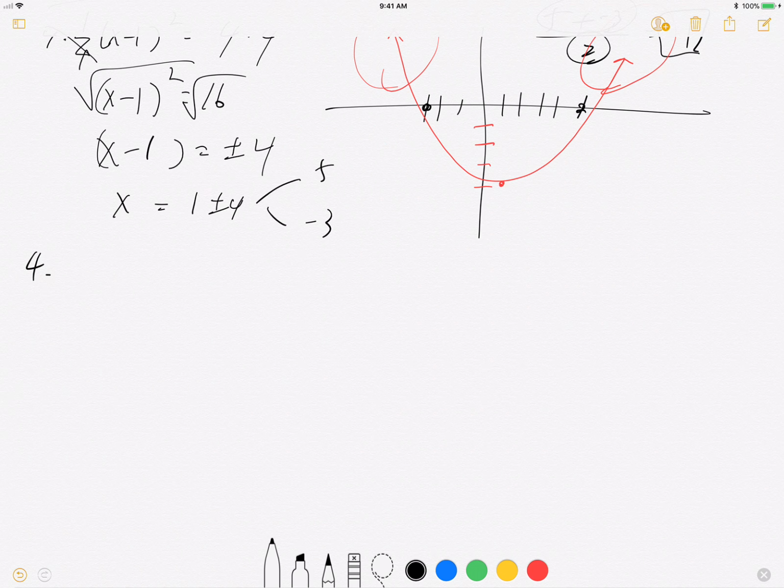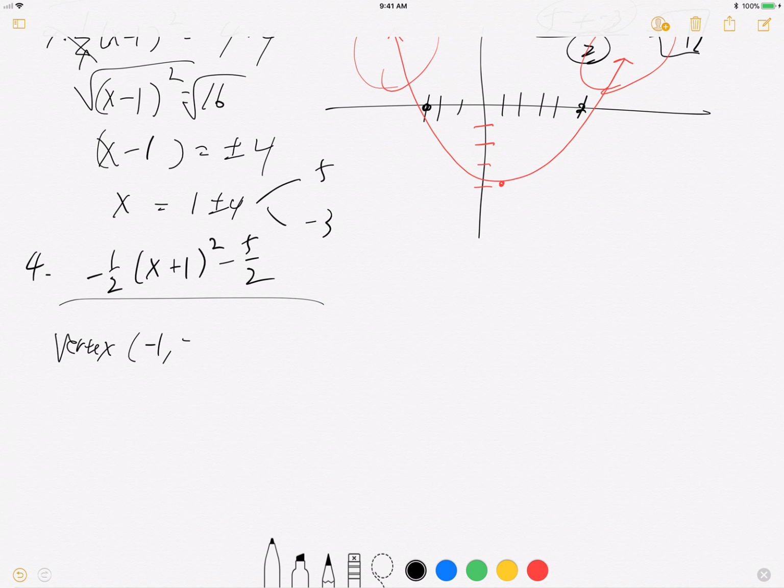Let's talk about number 4. Number 4 is pretty much the same thing. The vertex is given to us as that, because we always switch the sign inside the parentheses. Then the y-intercept. Remember, you would have to FOIL this. If you FOIL (x plus 1) squared, you will end up getting something like that.